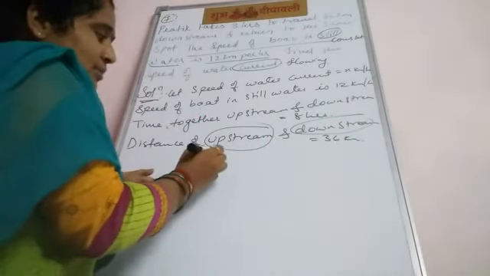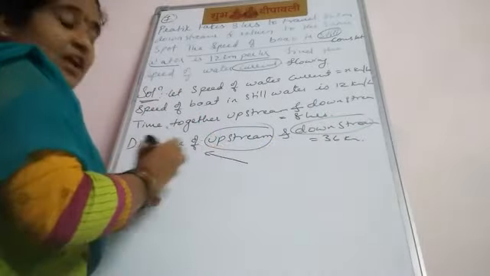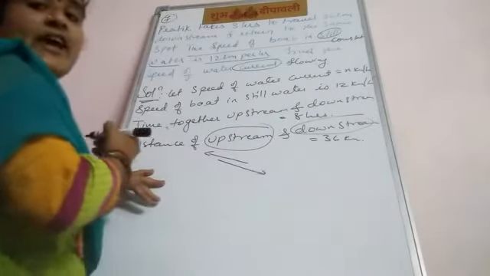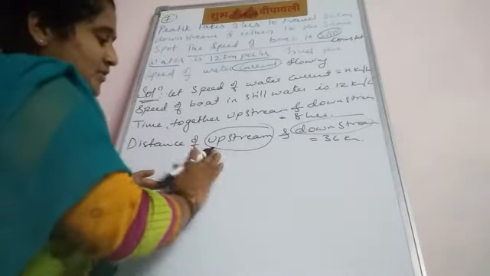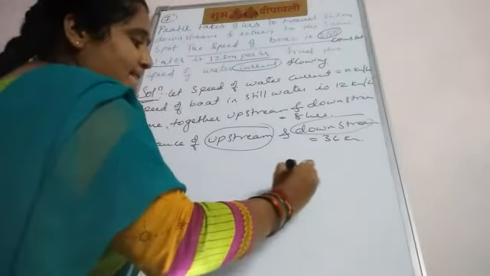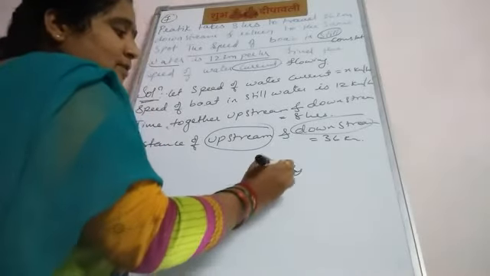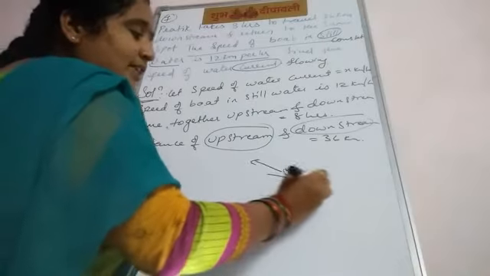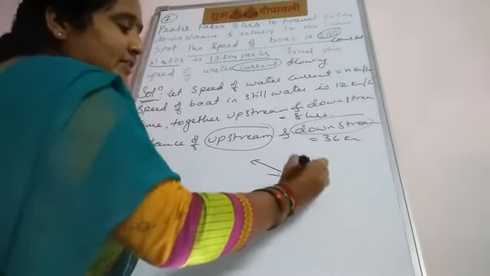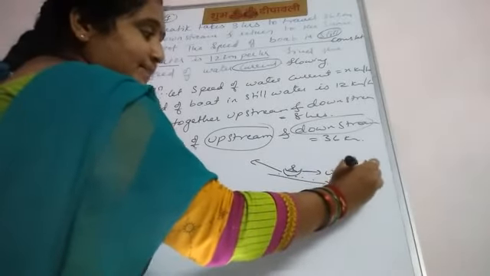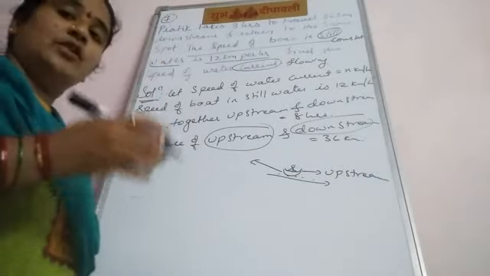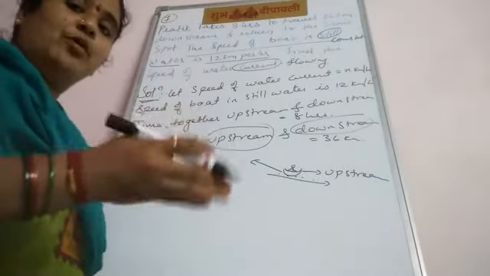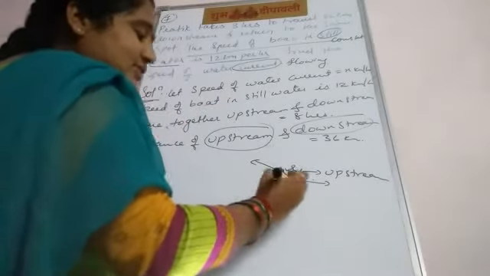See, the meaning of upstream and downstream. Upstream is what? The boat is going up and the water is in the opposite direction. This is your upstream. Then downstream is what? Water and boat, they are in the same direction.